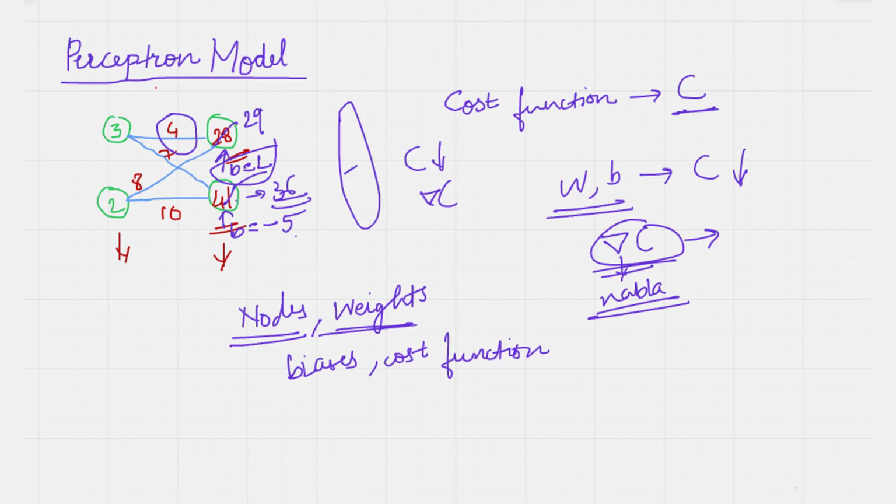Now some golden rules to remember again. Every node is connected to every node in the next layer using weights. Weights are initialized randomly but are updated using the gradient. Every node except the input layer has a bias, which is added after the weighted sum.